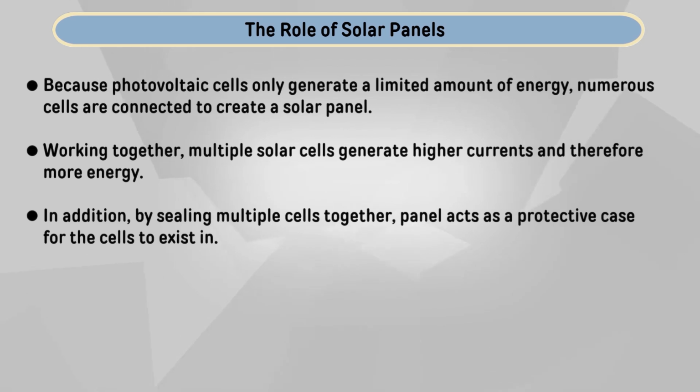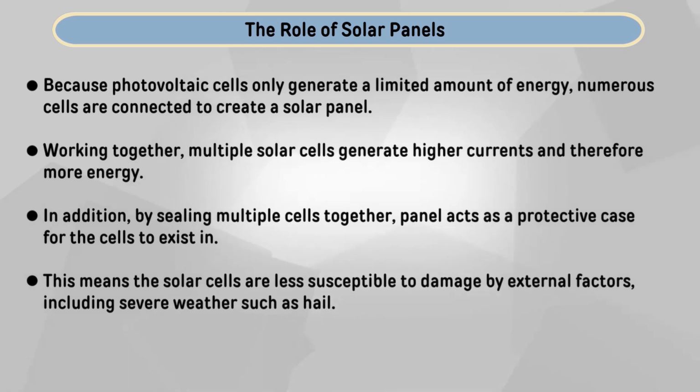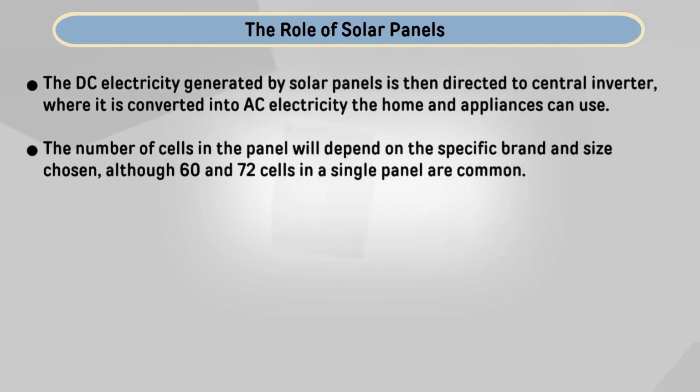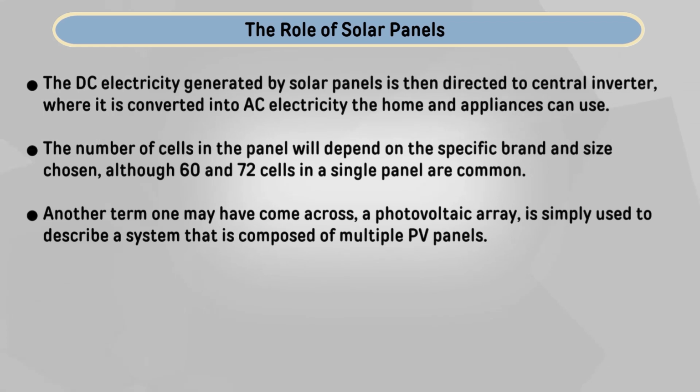In addition, by sealing multiple cells together, the panel acts as a protective case for the cells to exist in. This means the solar cells are less susceptible to damage by external factors, including severe weather such as hail.